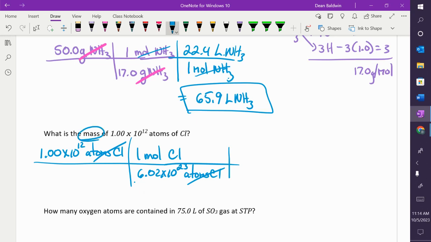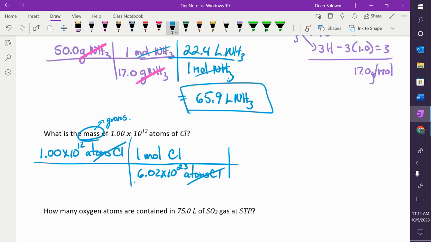Mass. What unit is mass in? Grams, right? This is grams. So I need to convert from moles to grams. Which one am I using? What do I need to figure out? Molar mass. What's the molar mass of chlorine?